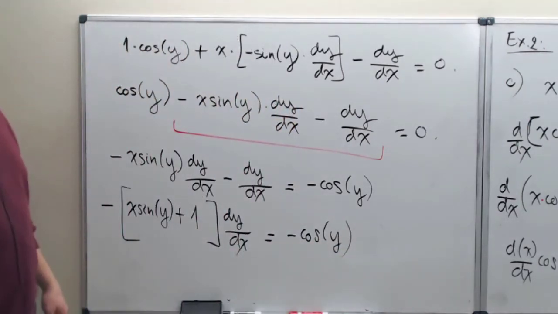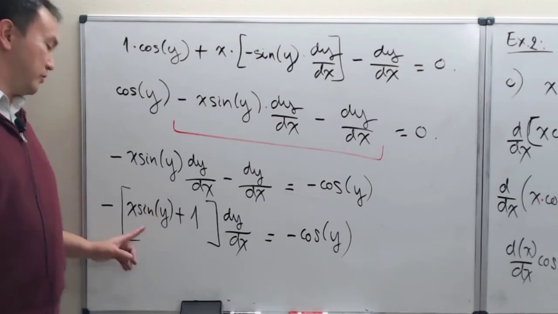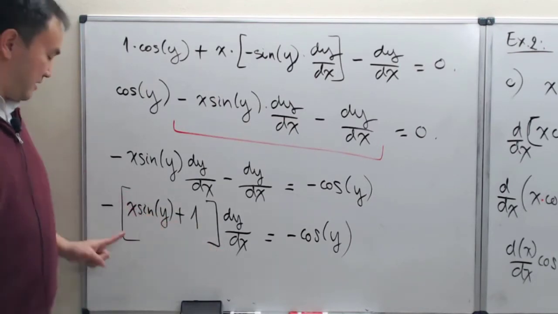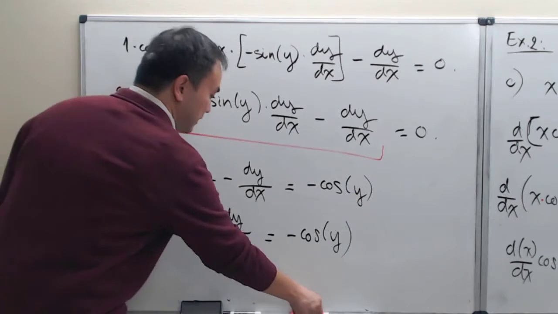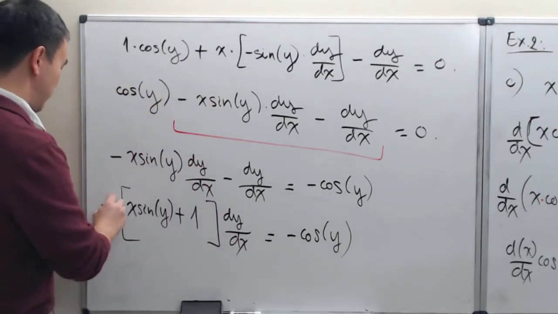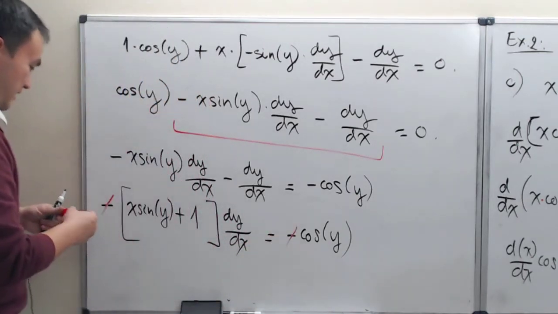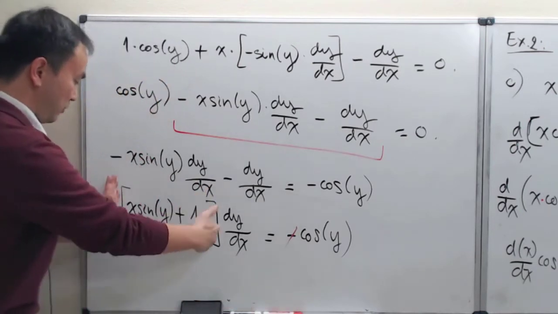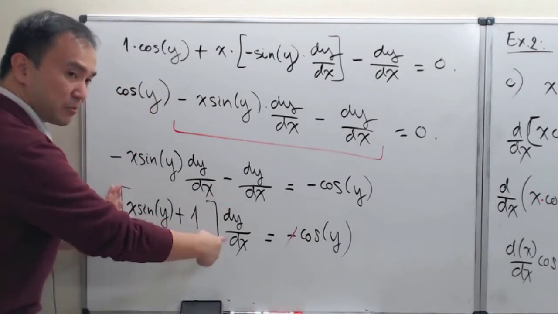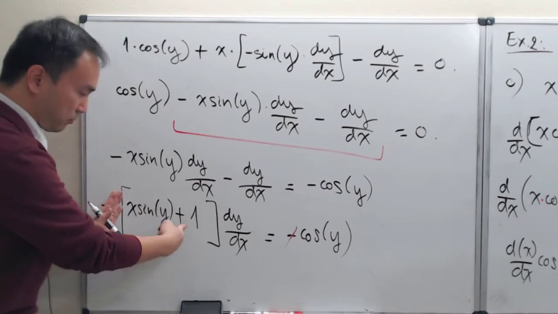All right, so here we go. We are now ready to solve for dy dx. We can cancel the negative sign on both sides. Then in my next step, I am going to divide both sides by this quantity inside of my brackets, x times sine of y plus 1.